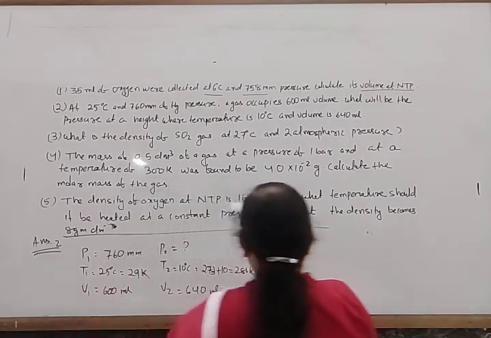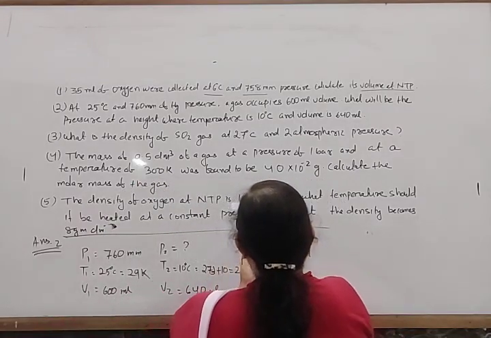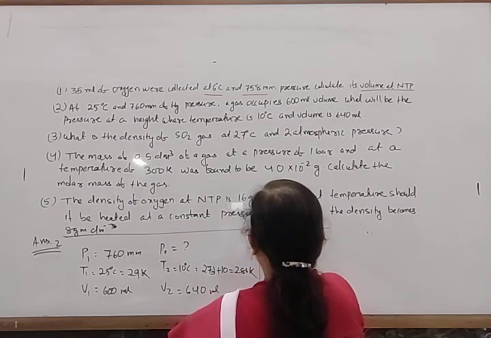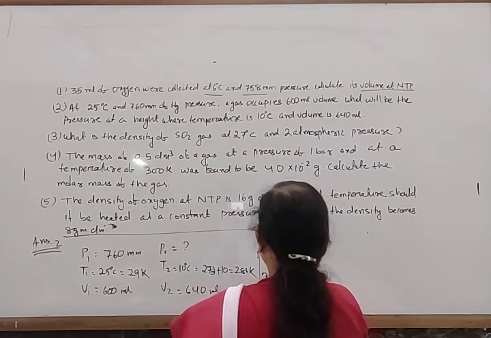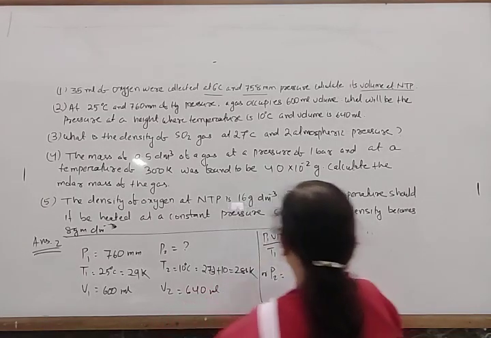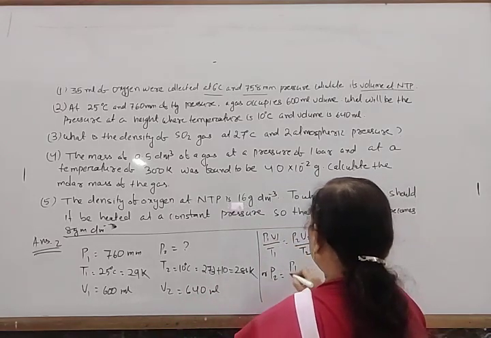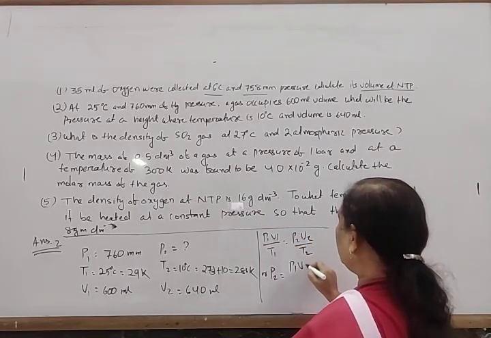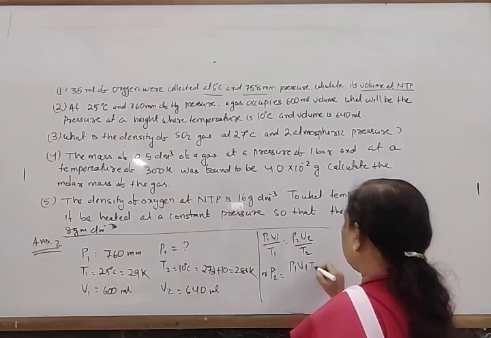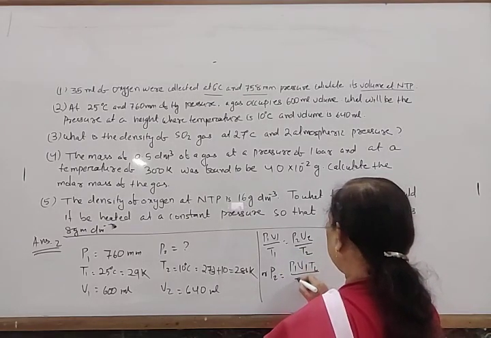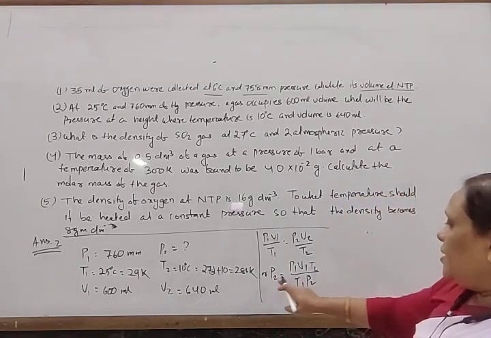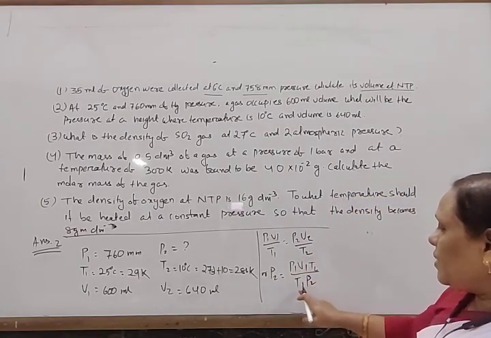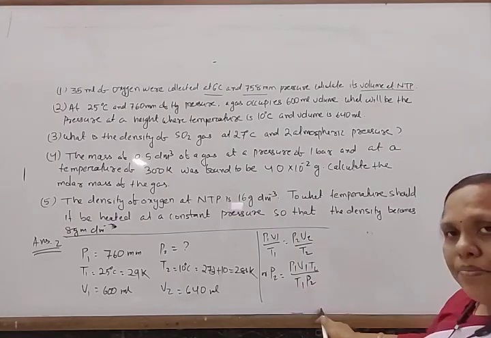Again we know P1 V1 by T1 equals P2 V2 by T2, so P2 equals P1 V1 T2 divided by T1 and V2.